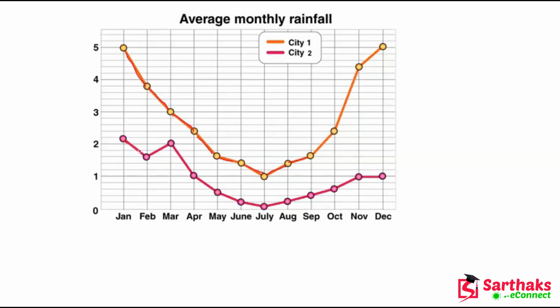So there are two lines which represent the two sets, here city 1 and city 2. There are two products we are using. We have to compare. This is the average monthly rainfall.